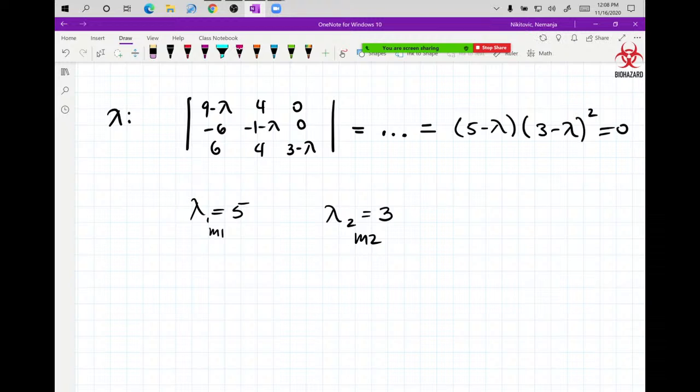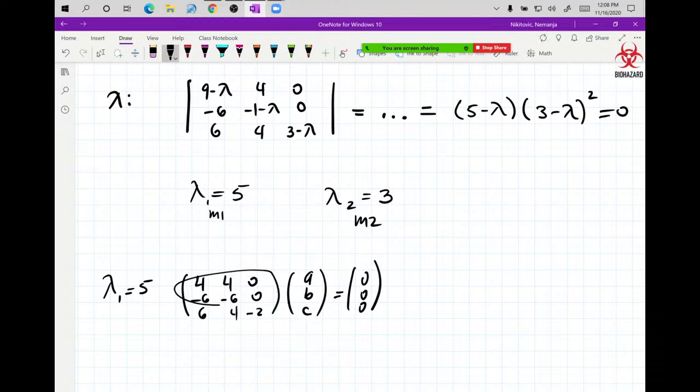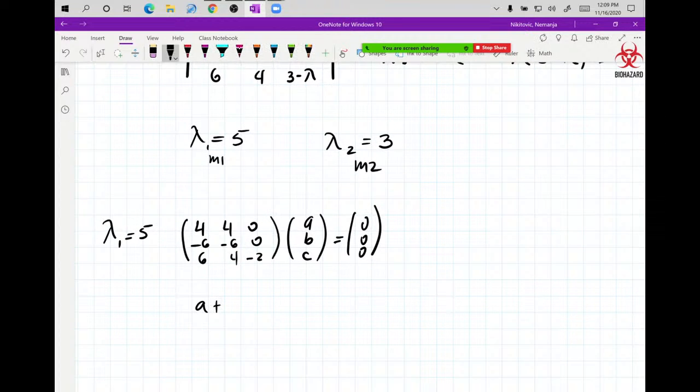There's nothing new there. So when lambda 1 is equal to 5, you will solve the system of 4, 4, 0, -6, -6, 0, and the last row 6, 4, -2, times a, b, c equal to 0, 0, 0. You see that these two equations are the same, which gives you a plus b equals 0, whether you divide the first by 4 or the second by negative 6. So a equals negative b.